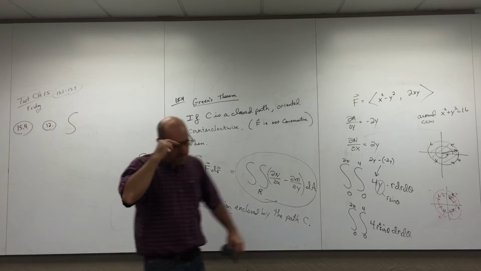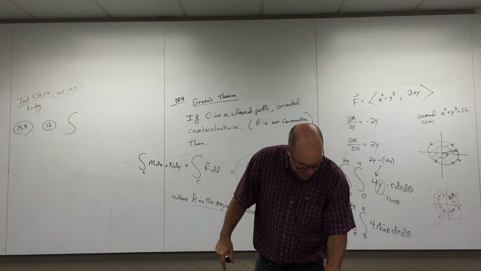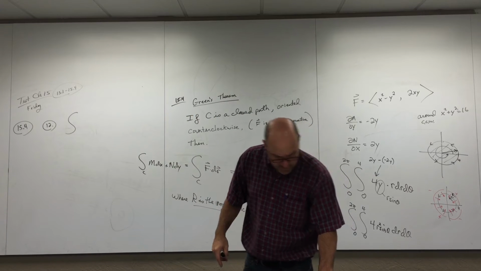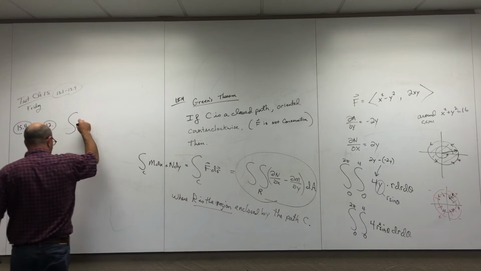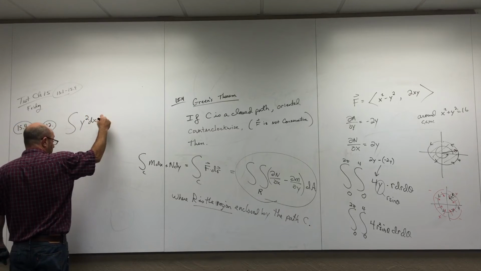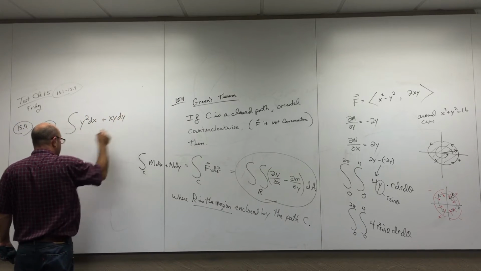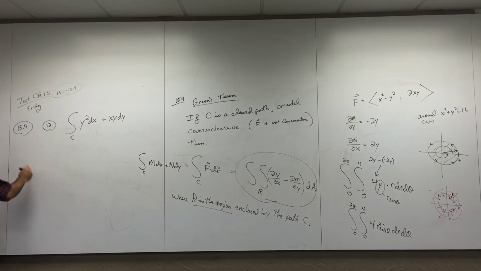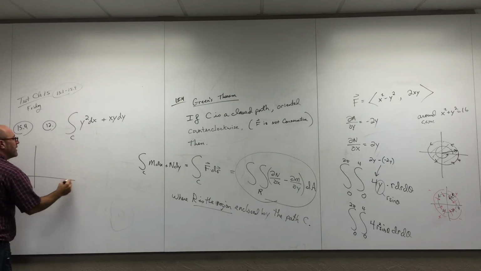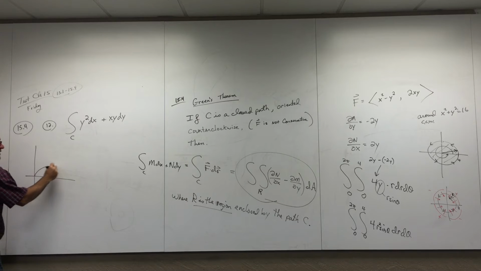So number 12 is presented like that. Y squared dx plus xy dy. And then they describe the curve to me. I'd rather maybe sometimes draw the curve, so I'm going to draw this shape.